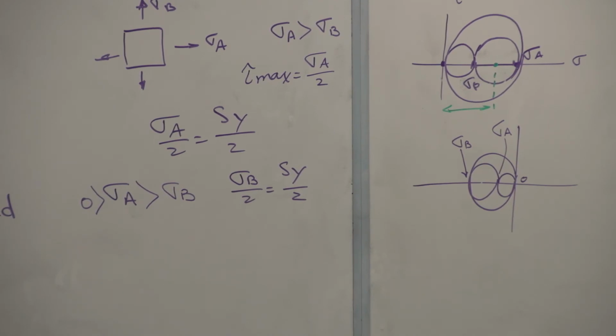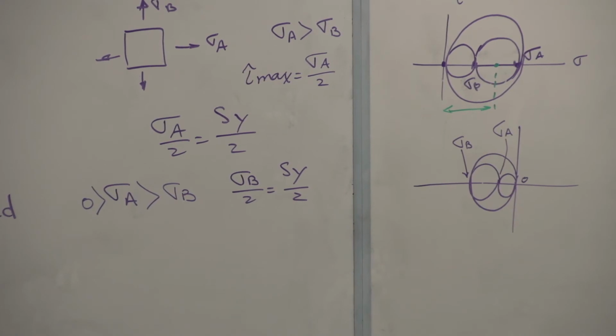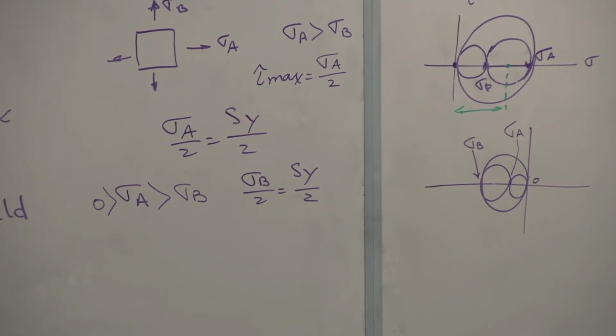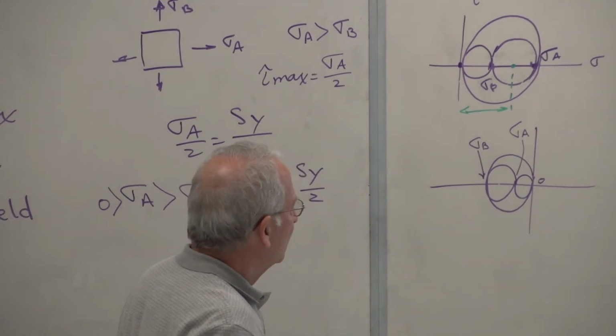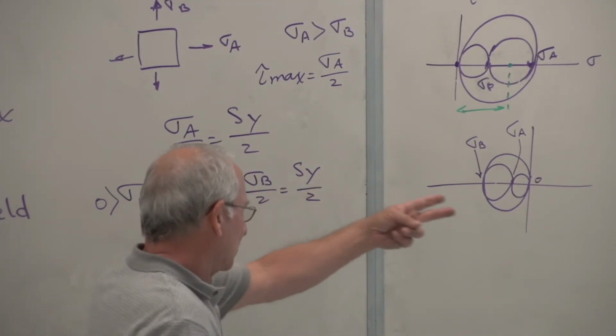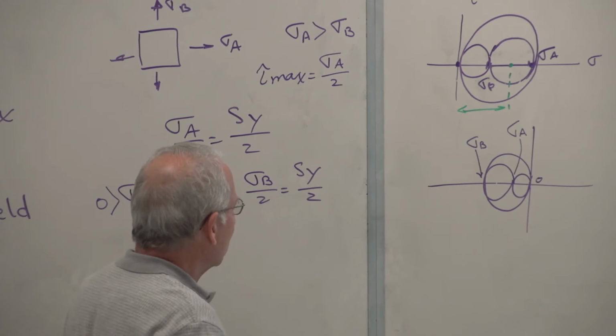Remember, the magnitude of sigma B is larger than sigma A. Sigma B is smaller than sigma A, but its magnitude is larger. So, we get that. And if you flip the two, you get the other of the two straight lines.